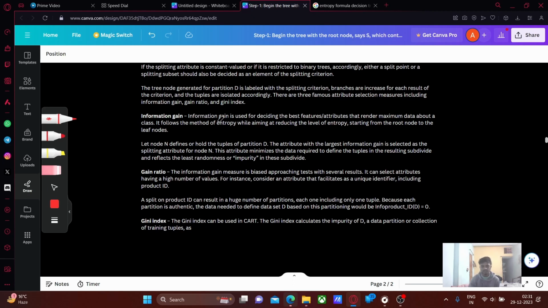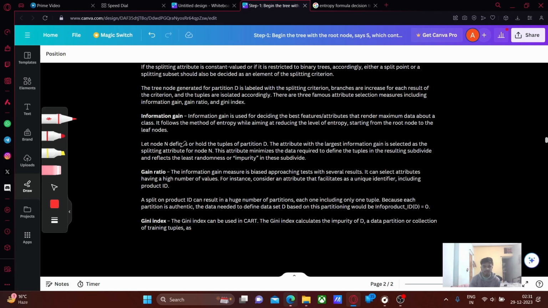Information gain. Information gain is used for deciding the best feature or attribute that renders maximum information about a class. It follows the method of entropy while aiming at reducing the level of entropy starting from the root node to the leaf nodes.